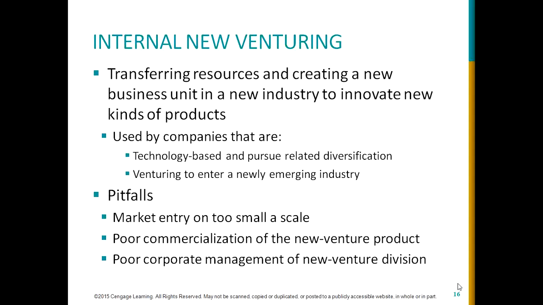Venturing to a new emerging industry, that is internal new venturing, is typically used to implement companies' corporate level strategies when a company possesses one or more distinctive competencies in the core business model that can be leveraged or recombined to enter a new industry.